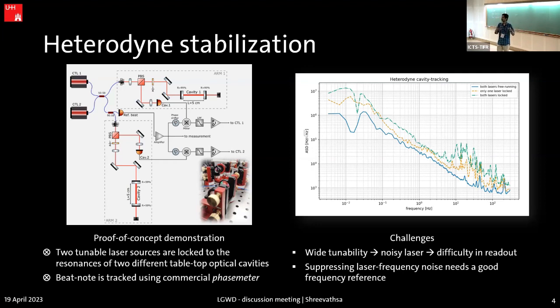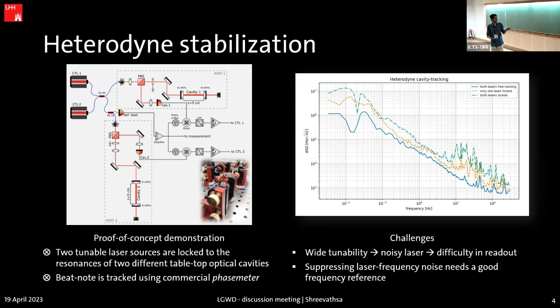I'm talking about a wavelength shift of above 100 nanometer or so. We don't really need it, but the laser that I am using here can go from 1510 nanometer to 1630 nanometer or so. So inherently the noise is above the Nd:YAG NPRO lasers. And this makes difficulty in readout.